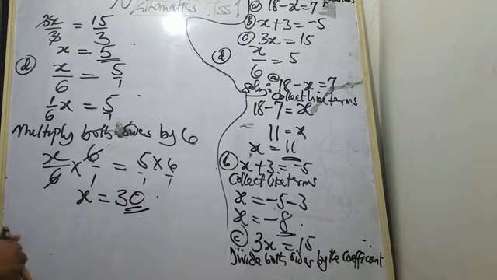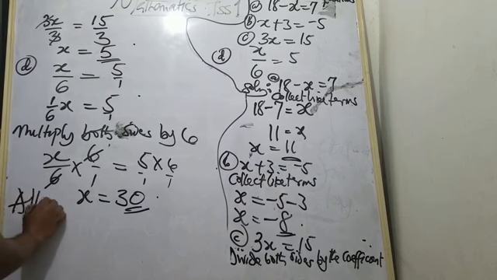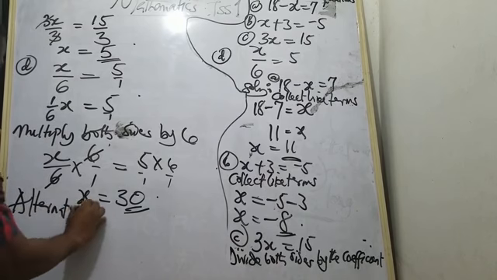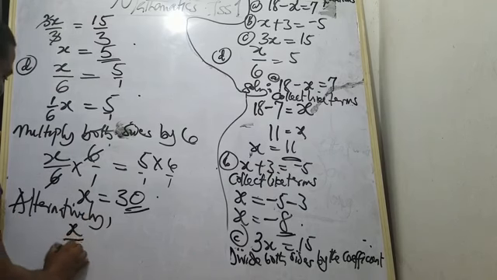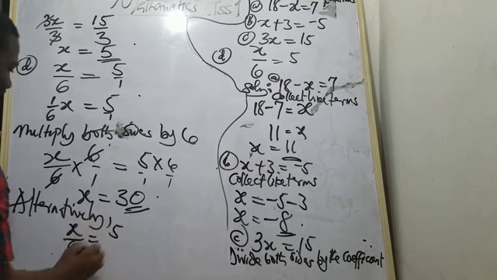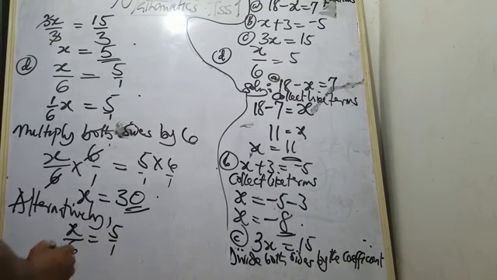Look at this. Another way you can do this that will be easier. Alternative. If you have x over 6 to be equal to 5, just say this is over 1. Okay?